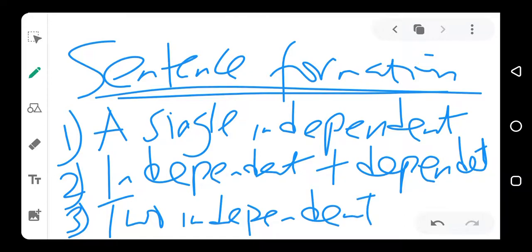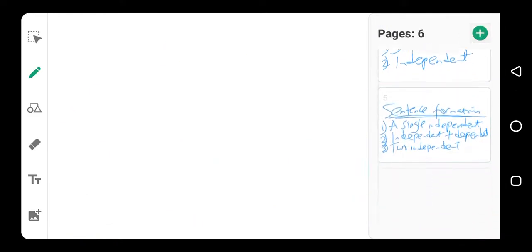So these are the ways that we can use clauses to form a sentence. A single independent clause can act as a sentence. An independent clause and a dependent clause can join together to form a sentence, and two independent clauses can join together to form a sentence.